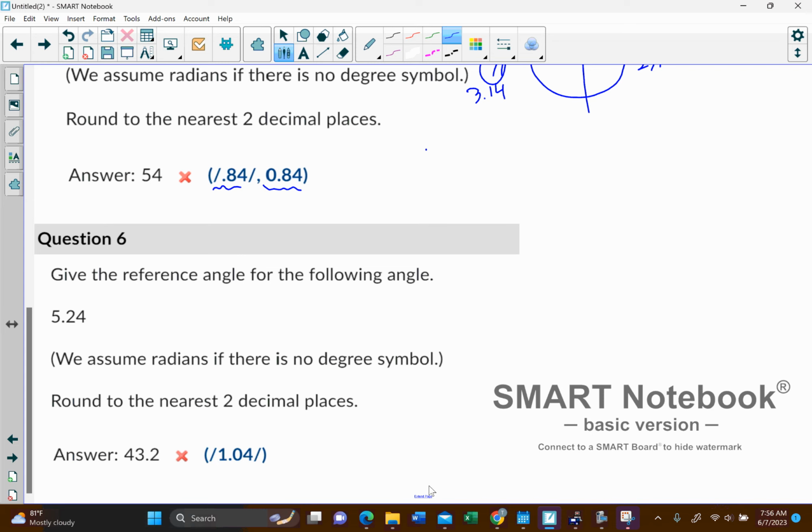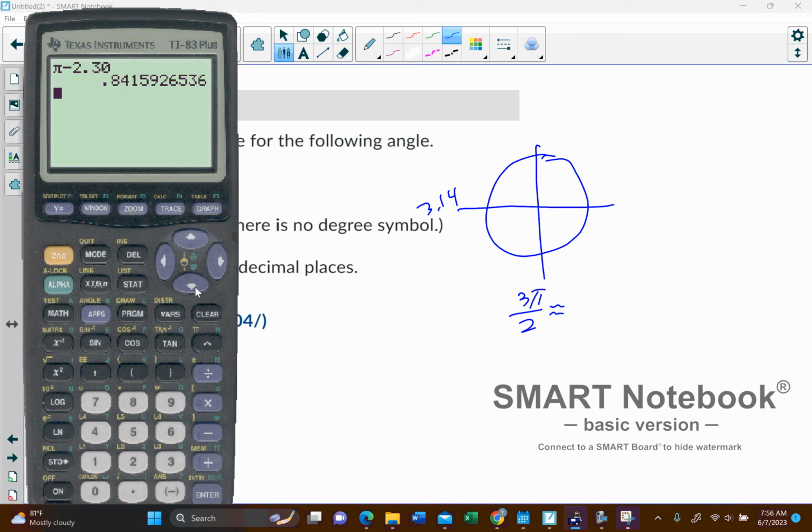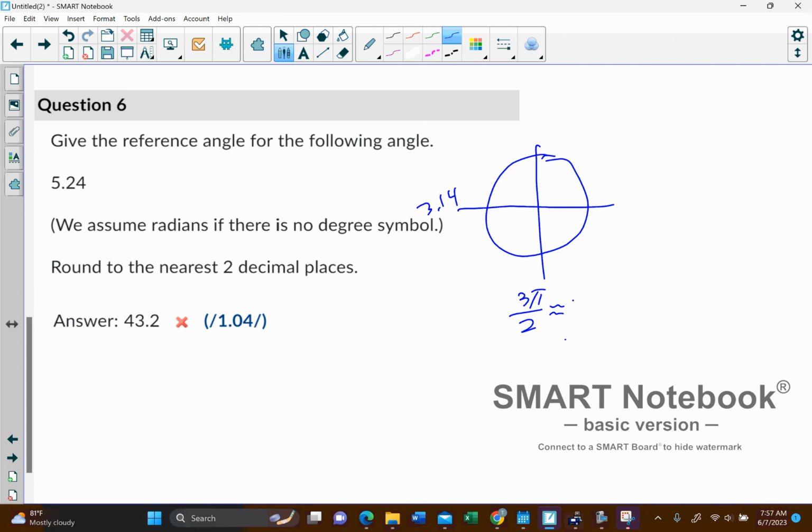The next one's pretty similar. This time we're at 5.24. So once again, here we go. This would be at about 3.14. And if you go down here, this would be at 3 pi over 2, which as a decimal, let's see what that is, just so we know what we're working with. 3 pi divided by 2 is about 4.71.